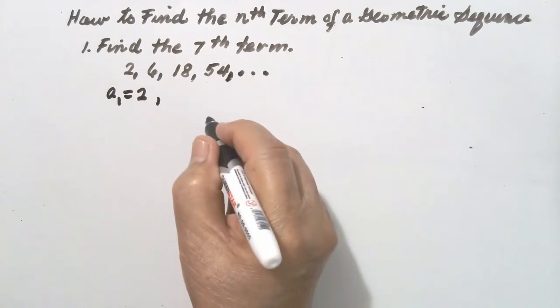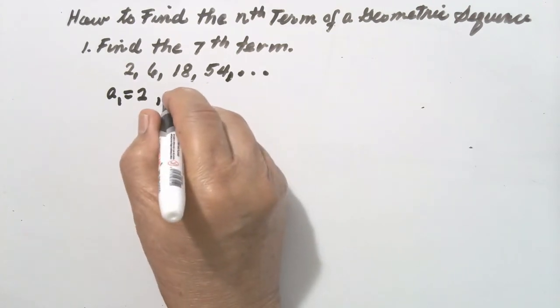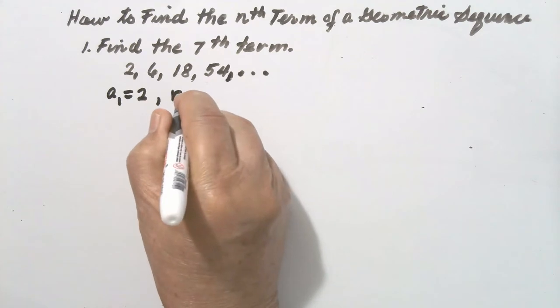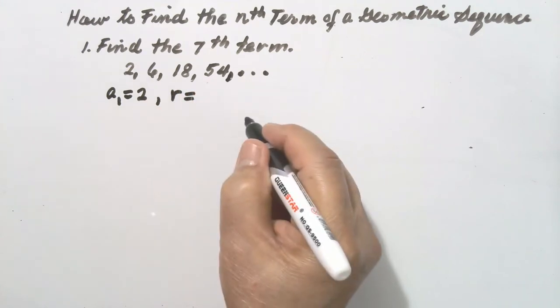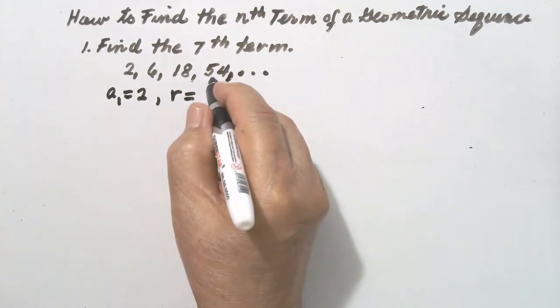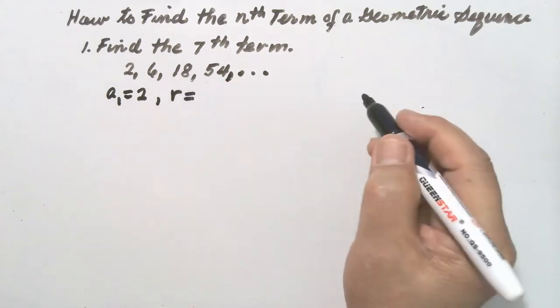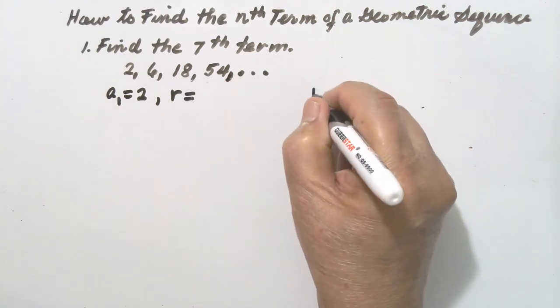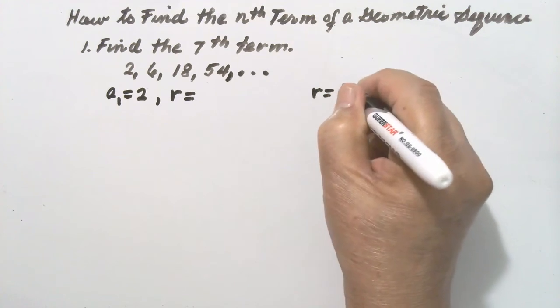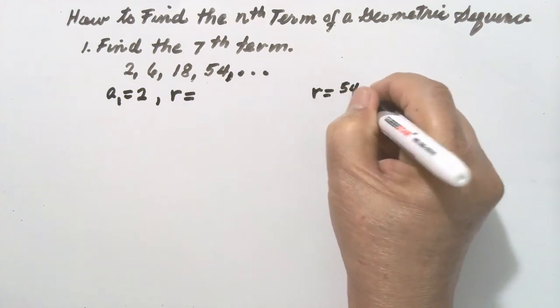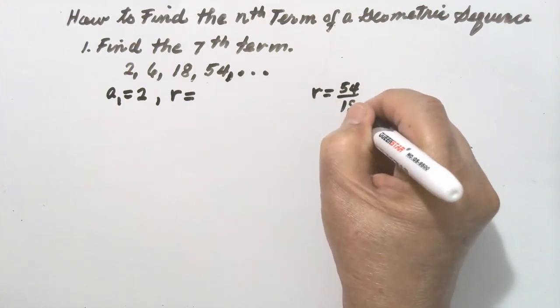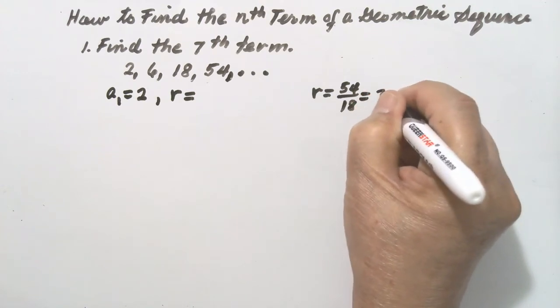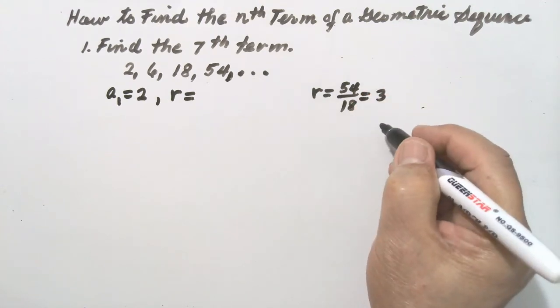The next thing to do is to determine the ratio. The ratio is equal to any term divided by the preceding term. For example, if we divide 54 by 18, we get 3. 3 is a ratio.